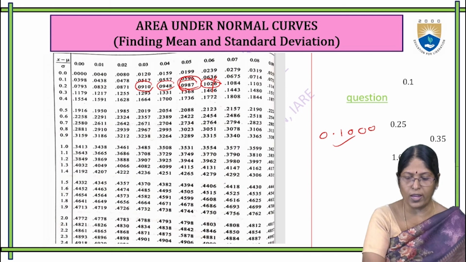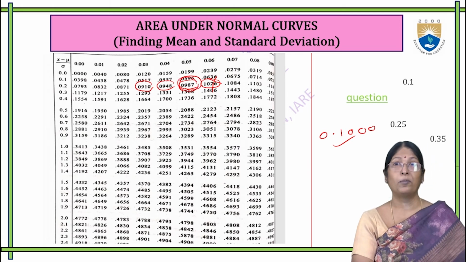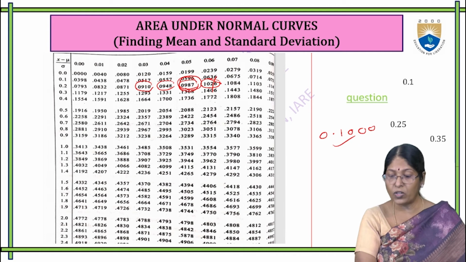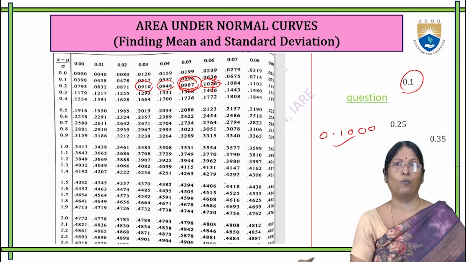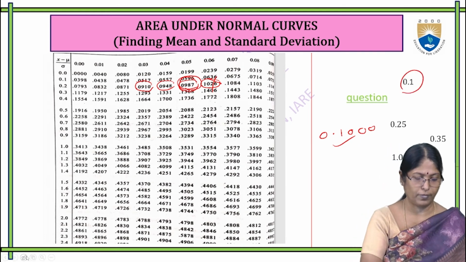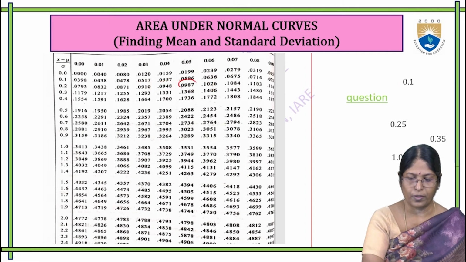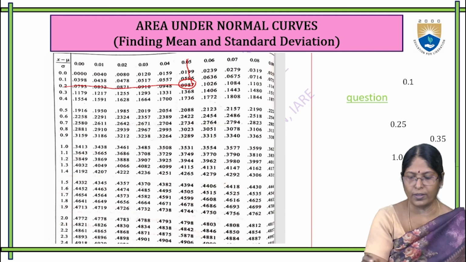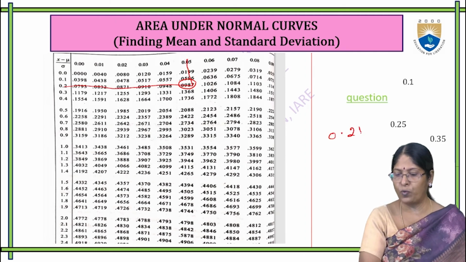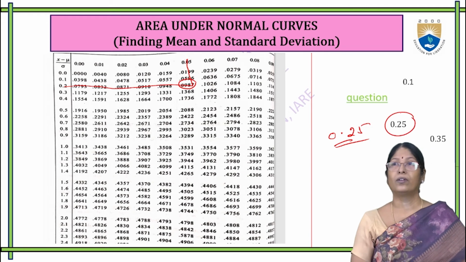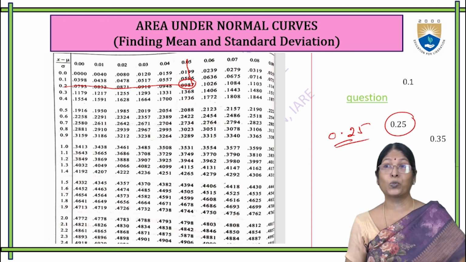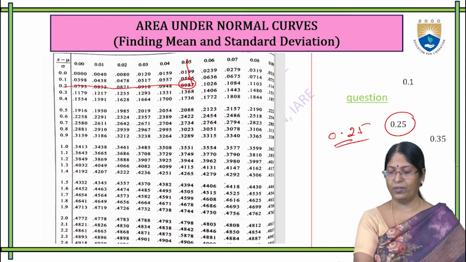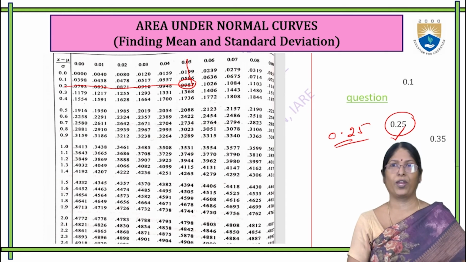This is the one to be selected on the basis of being nearer to our 0.1. How are we getting 0.25 here? When we are converting x1 into z1, the z1 is replaced by 0.25. So this is the answer for it.